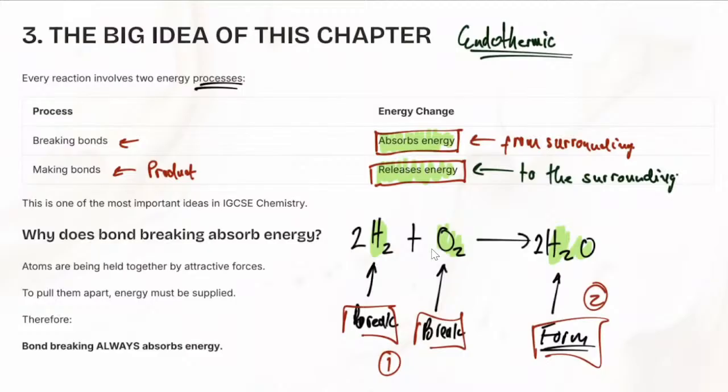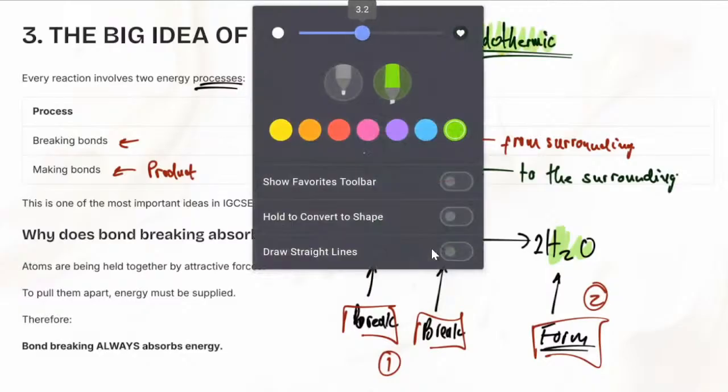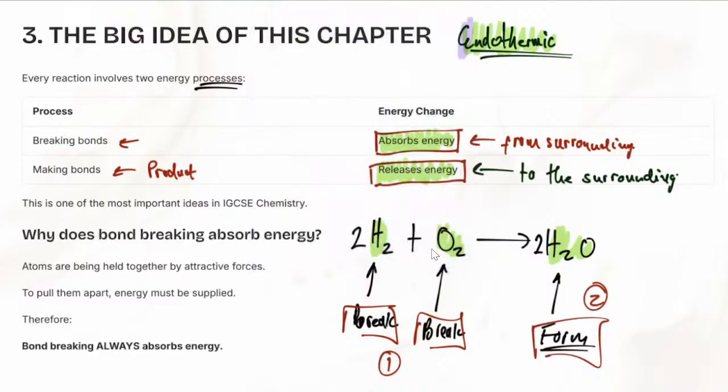Because when we say endothermic takes in energy from the surroundings, we are saying it took more energy than it released. So when you were breaking the bonds, you used 1,000 joules.